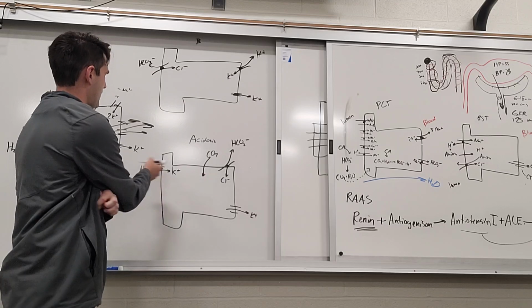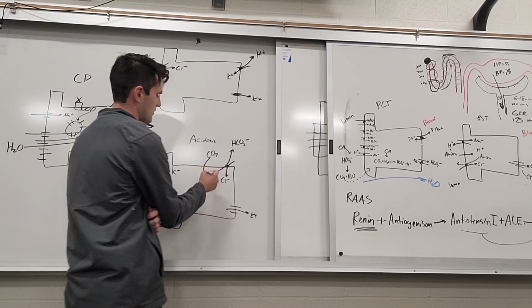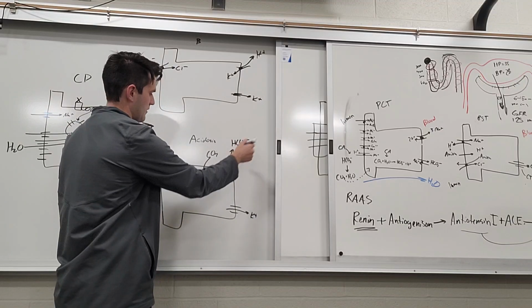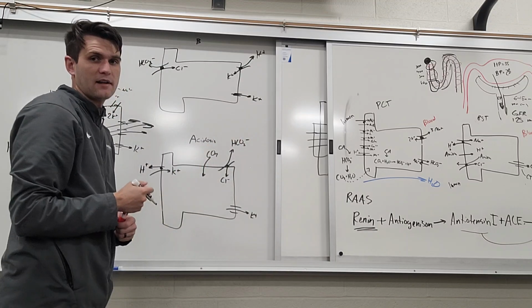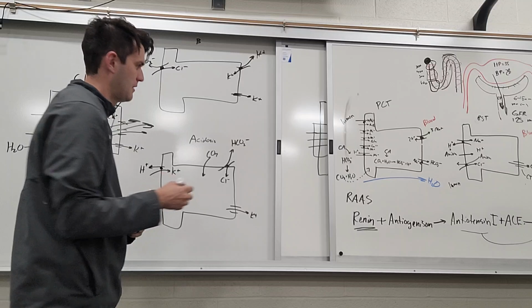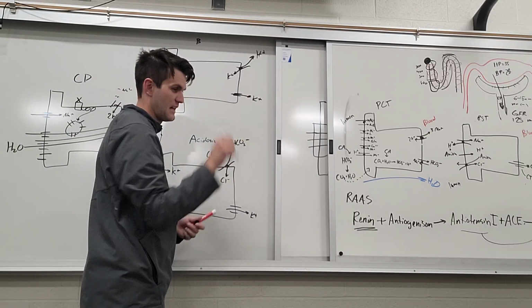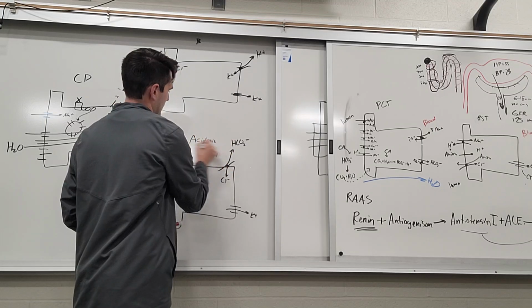We have some CO2 diffuse in, but then chloride is going to come in, and when the chloride comes in, we're going to send out some bicarb. We're going to reabsorb that bicarb.